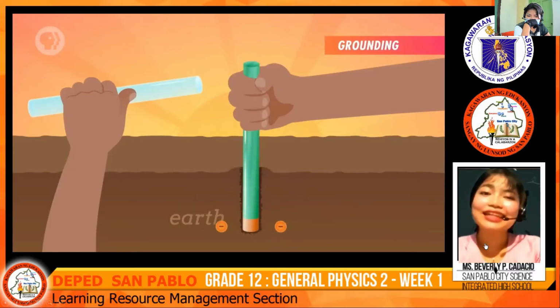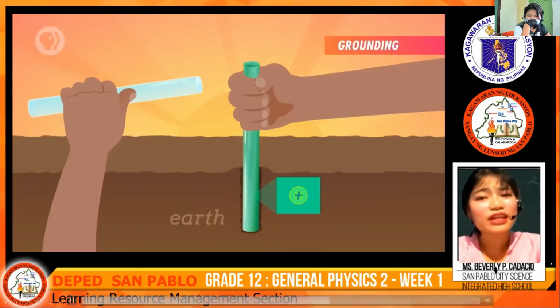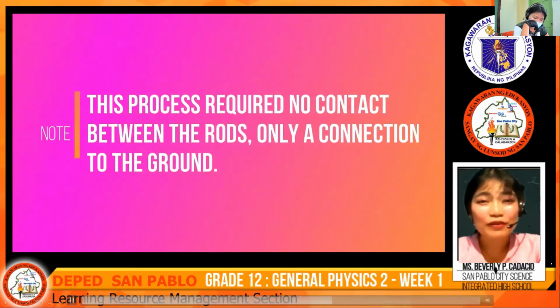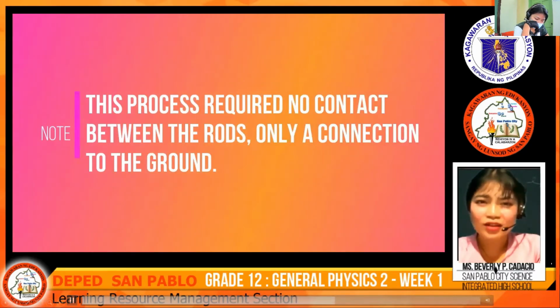Where? The earth. The negative charges scurry away, leaving the metal rod with an overall positive charge. Now, if we sever the connection to the ground, our rod remains positively charged. This process required no contact between the rods, only a connection to the ground.